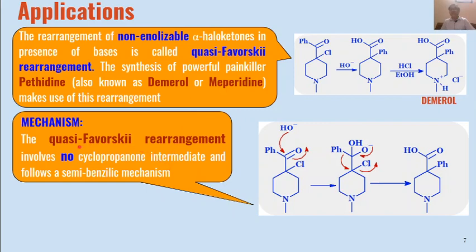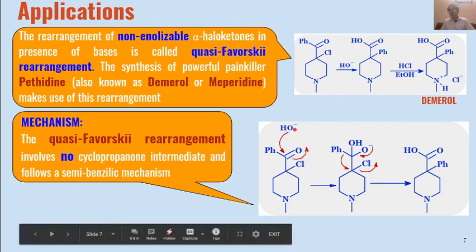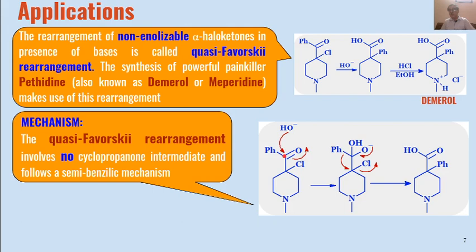So that is why this is an abnormal Favorskii rearrangement, which is called quasi-Favorskii rearrangement. Here the base will attack the carbon of the carbonyl in the first step, and we will generate an enolate.